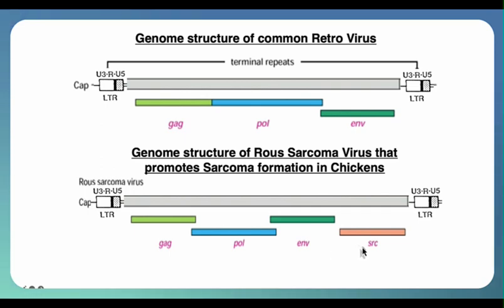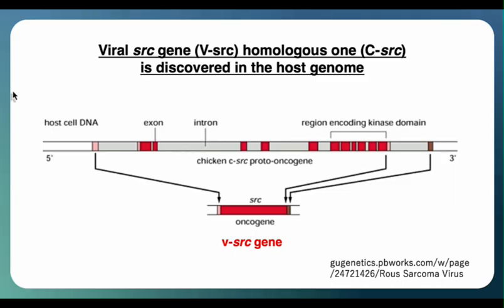This src gene is named so, meaning a gene that has the potential to cause sarcoma. After subsequent research, a gene homologous to the src gene found in the Rous sarcoma virus genome was found in the host cell genome. The cellular counterpart of the src gene, called c-src, has an exon-intron structure.